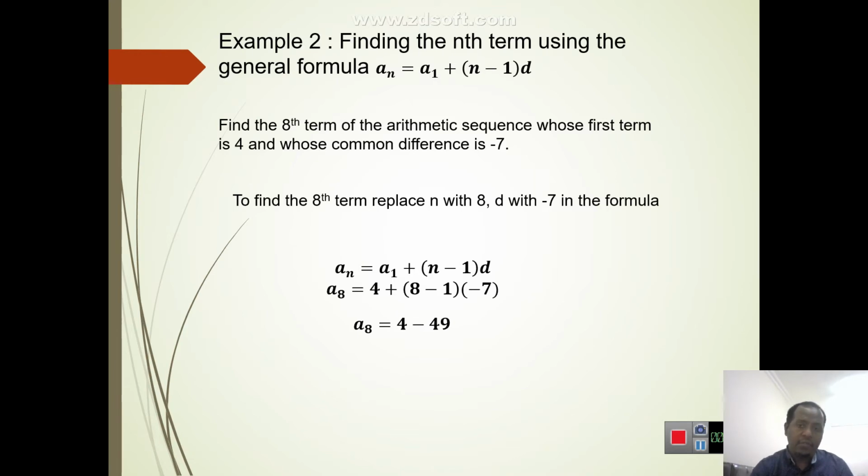Then a sub 8 will be 4 minus 49, so the eighth term will be negative 45. So in example 2, you are asked to find the nth term of an arithmetic sequence, given the first term and the common difference. In order to find the nth term of any such sequence, you have to use the general formula. So this is example 2. Now let's go to example 3.